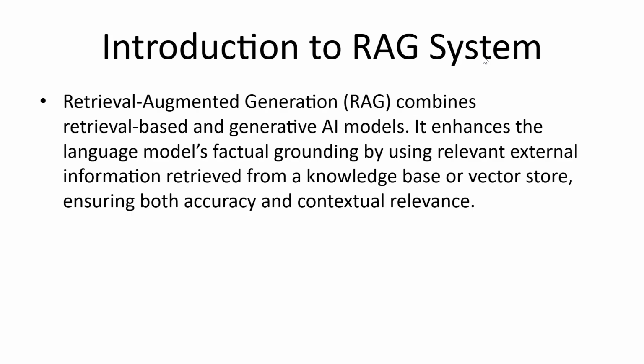Because it gives a response like a human, in very useful and comprehensible language, which is helpful for industry, support staff, or generating new data. It enhances the language model's factual grounding by using relevant external information retrieved from a knowledge base or vector store, and ensures both accuracy and contextual relevance.